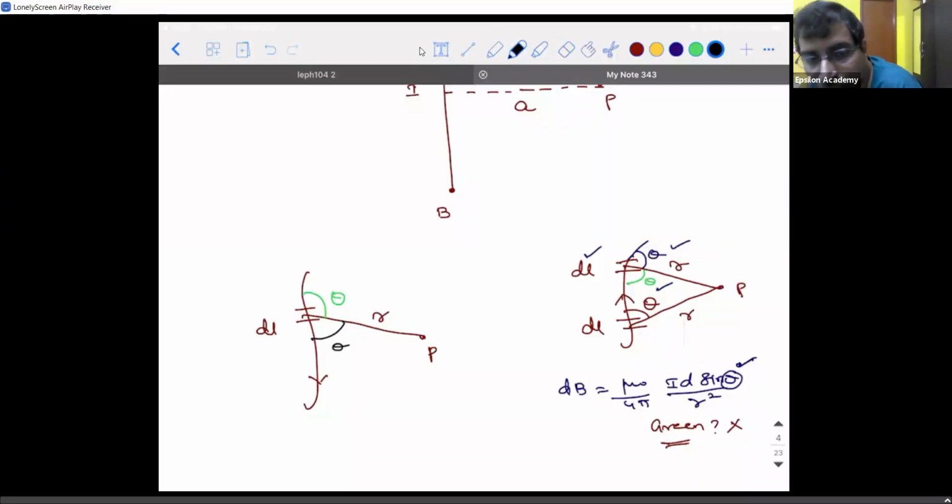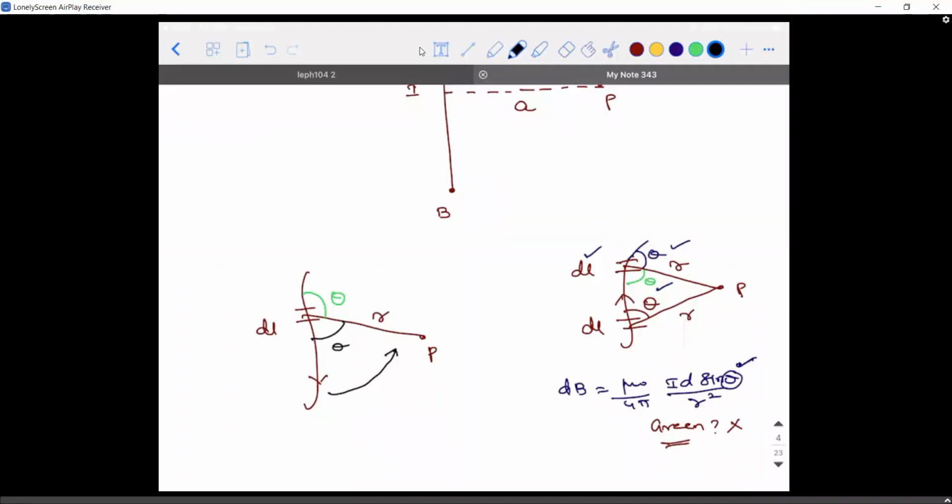It is the black one, because now the current carrying element is like this and r is like this. So you need to turn like this. From the current carrying element, you need to take a turn towards r in the shortest direction possible, because what did I say sine theta is? Sine theta is the angle between the current carrying element and the r vector. Understood? Got it?